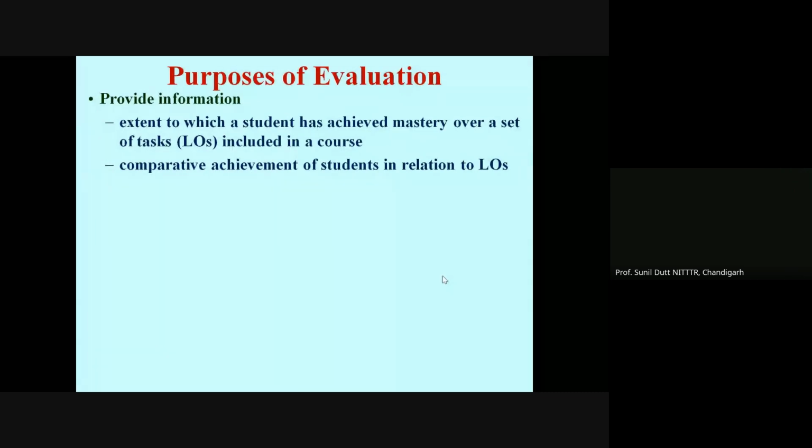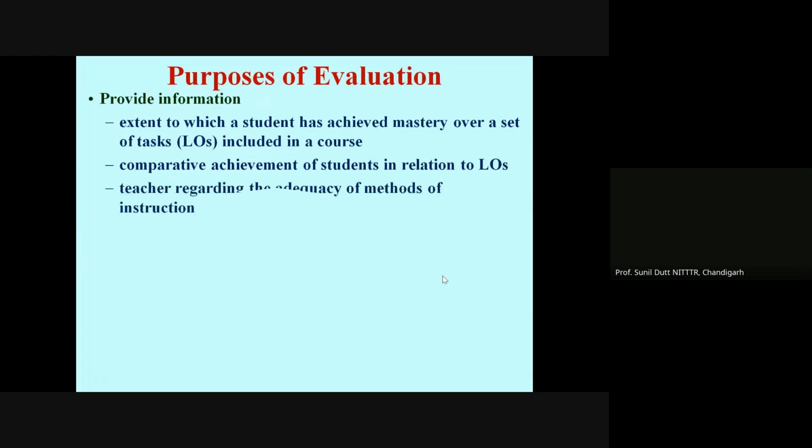Then the question should be define force and not written in some other language. So the question must begin with the action verb: define, explain, describe. I'll give you the verbs which can be used to measure student performance at various levels. So you can compare the performance of one student against the stated learning outcome.